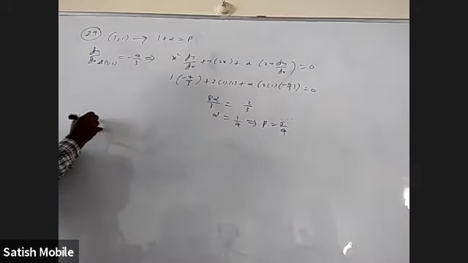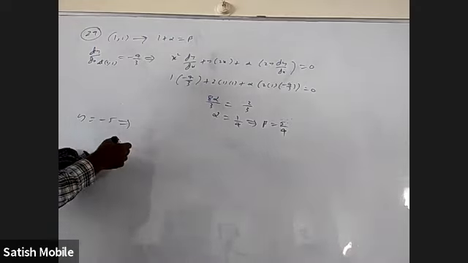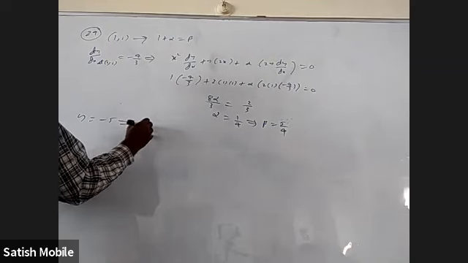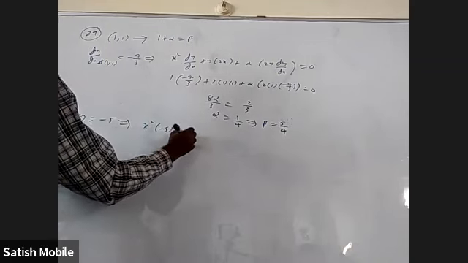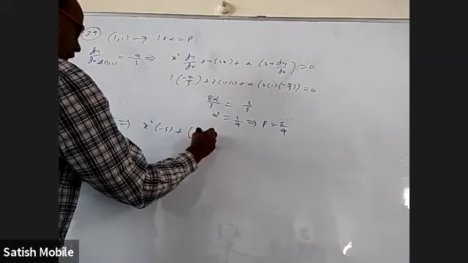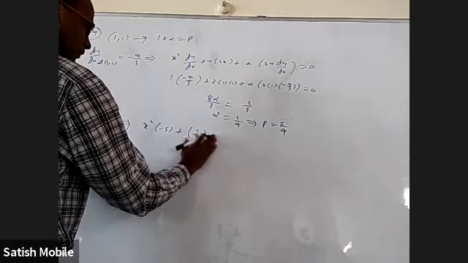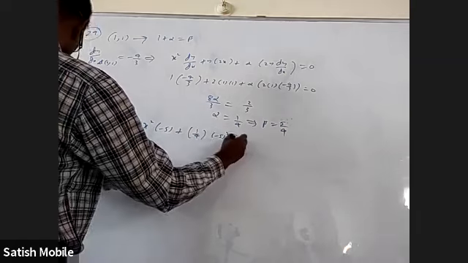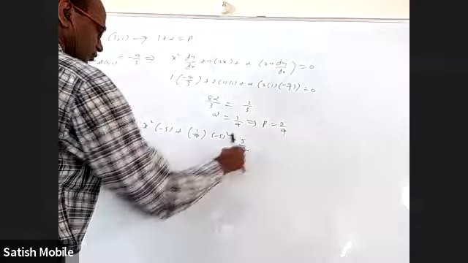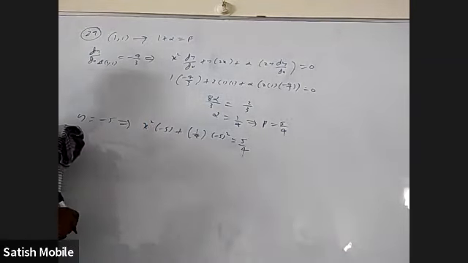Okay, when I put y coordinate minus 5 in the curve, let us see what will happen. X square, y is minus 5, alpha is 1 by 4, and y square is minus 5 whole square equal to beta, which is 5 by 4. From this, I should get x value.